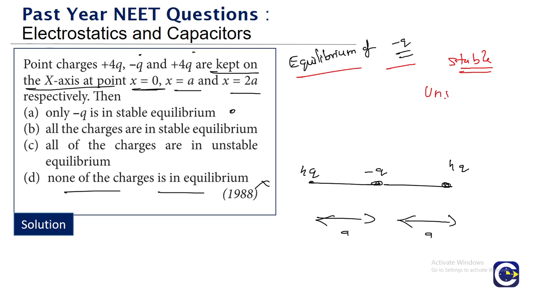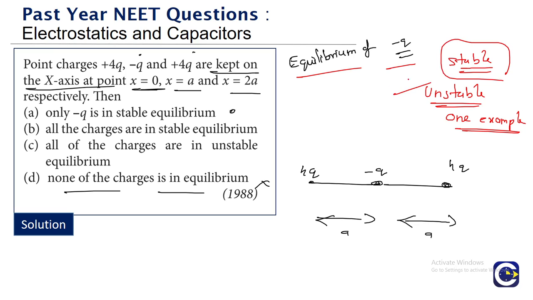But if you want to prove it is unstable, if you can just give one example where if you displace it, it is not coming back, that is sufficient. That will be unstable. To prove it is stable, we have to prove that in any direction you displace it should come back. But to prove it is unstable, just one example will be sufficient.